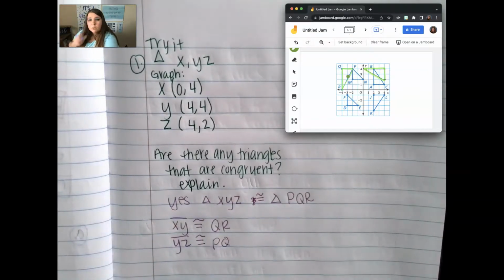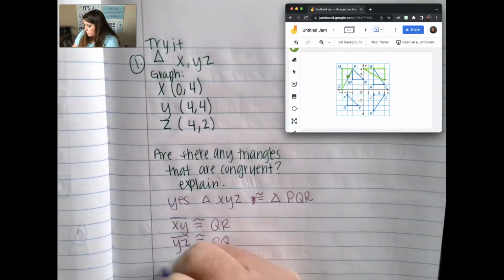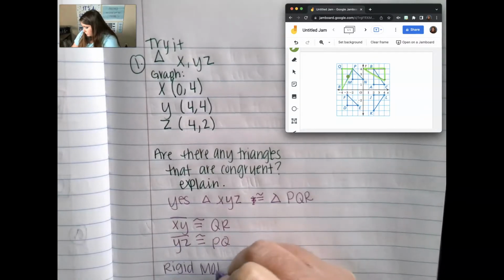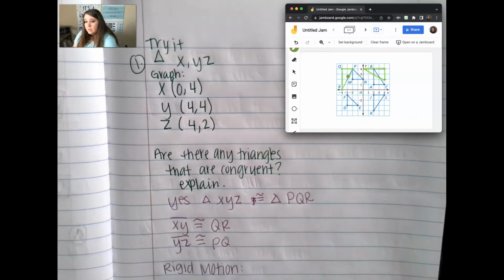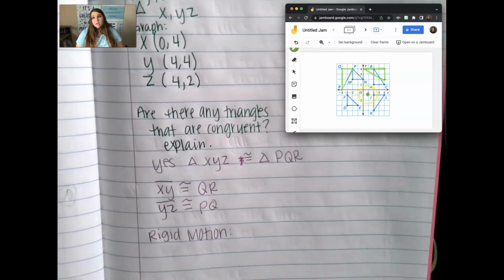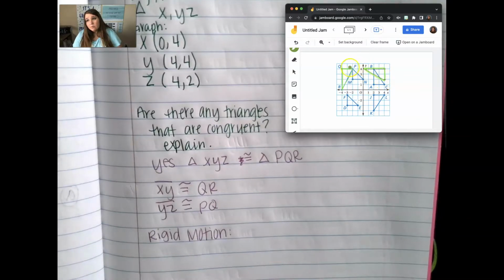Also, the rigid motion. What is the rigid motion that occurred? Well, the rigid motion that occurred in this happens to be a rotation. So if you look, we've started here and we have rotated, right? So it's like it's just going around in a circle.